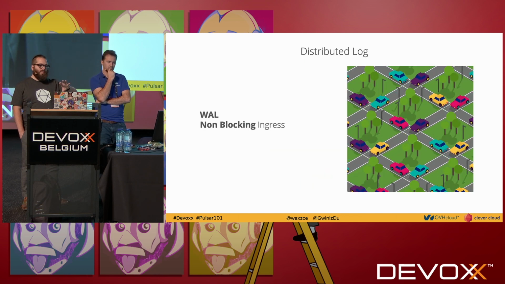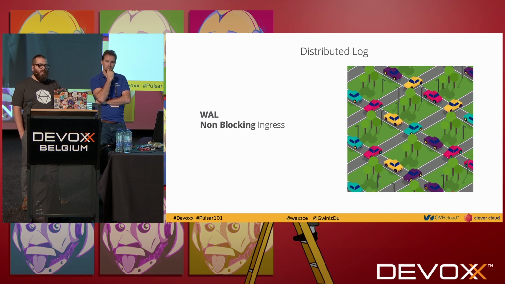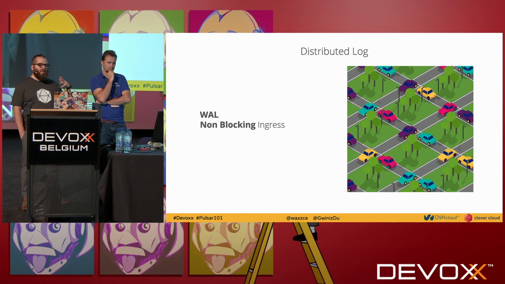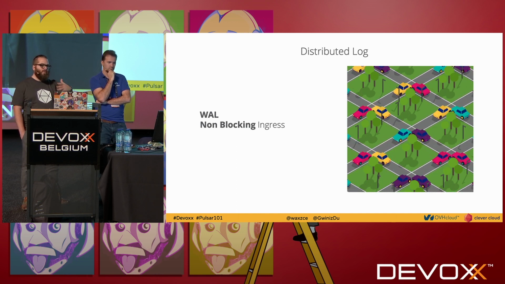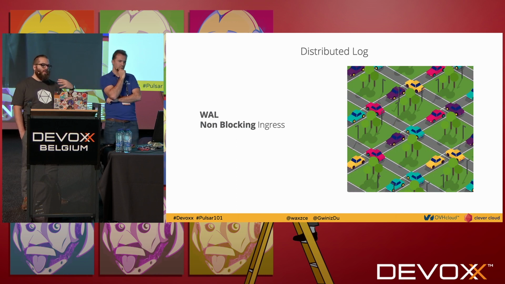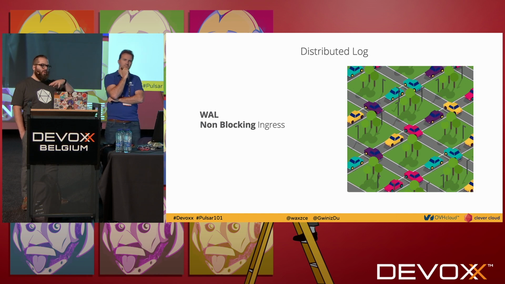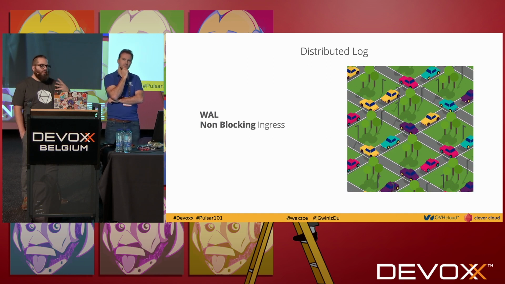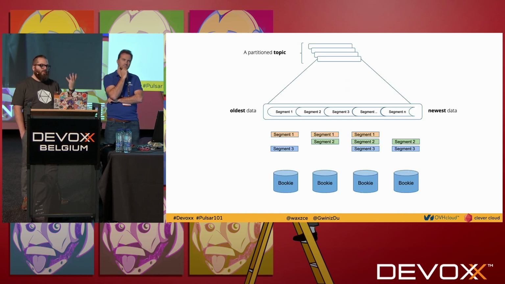So what's happening is you get actually a write log, which is distributed and non-blocking on ingress. So the write path inside the Pulsar architecture gives you the ability to get way more data in, because you cannot block the ingress point because of this architecture of segments.